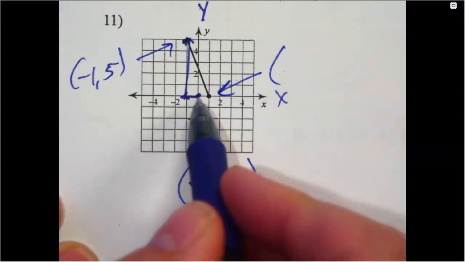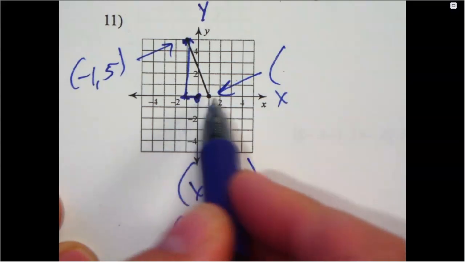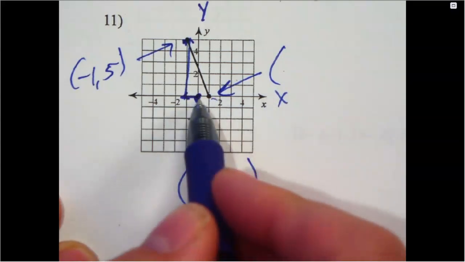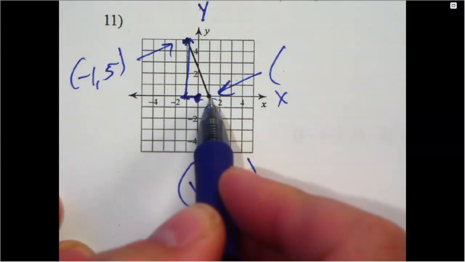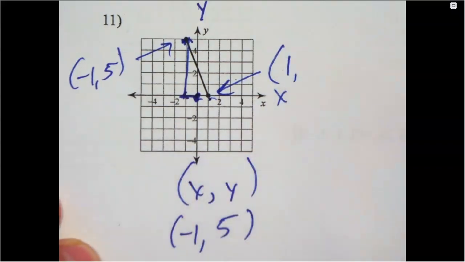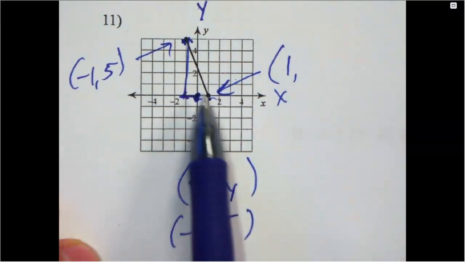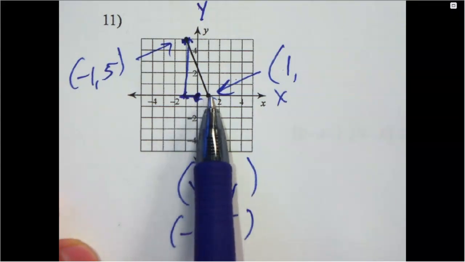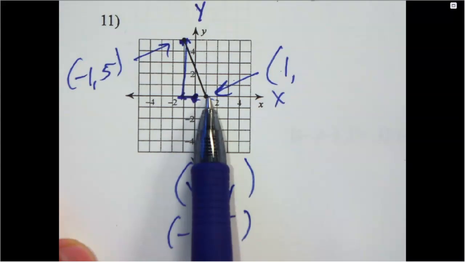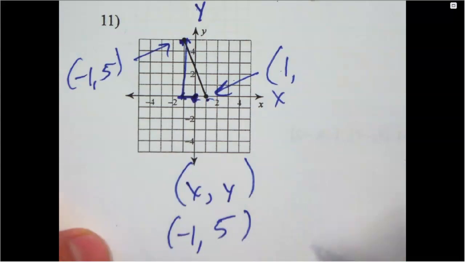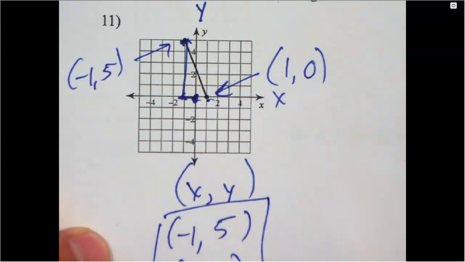This one, start at the origin again. Look at how much you went to the right or left first. So I went to the right. If I go to the right, it's positive. So that's 1. And again, I'm starting from the origin. I went 1 to the right, and then how much did I go up or down? 0 up or down. So that's second number 0. So those are my 2 points.